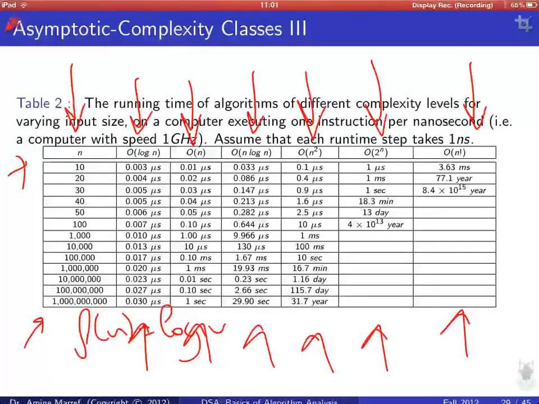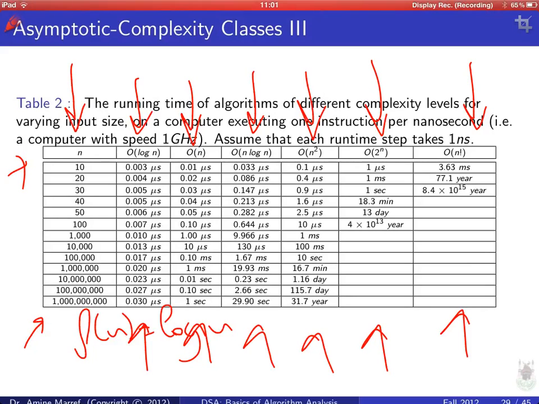Okay, so when n is 10, and then I'm computing what is the log n of 10, I find the log n of 10, and then I multiply it by... I'm saying basically that I'm assuming each of these algorithms, they execute on a processor which is 1 gigahertz.